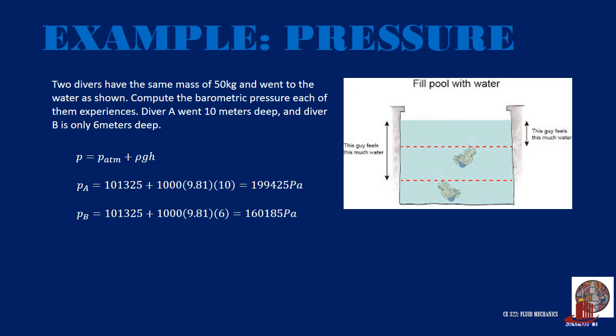And the pressure in object B is taken as 101,325 plus 1,000 times 9.81 times 6, which would be equal to 160,185 pascals.